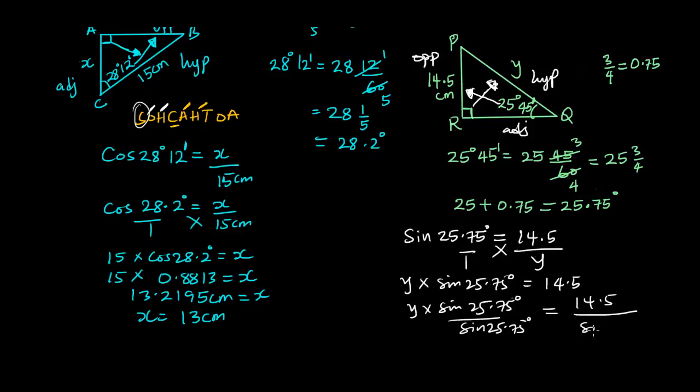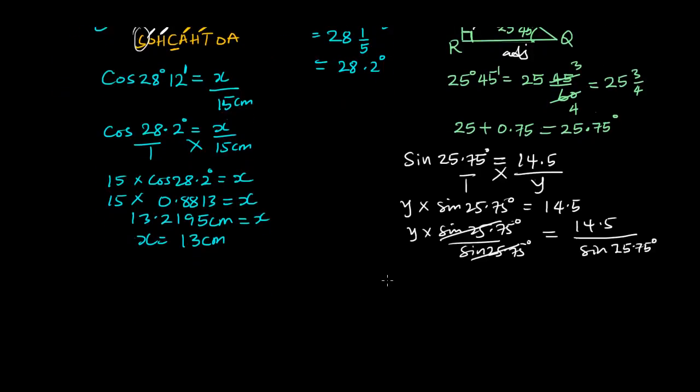So this will cancel this. So we have y equal to 14.5 all over sine 25.75 degrees. So y equals 14.5 divided by sine 25.75 degrees.